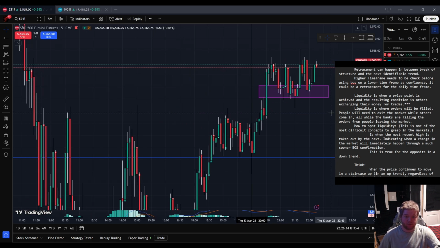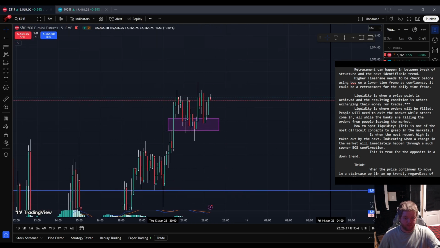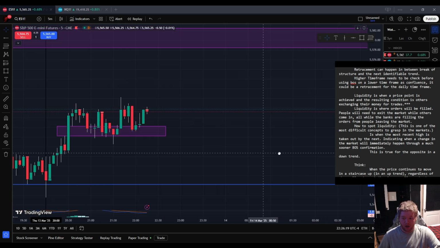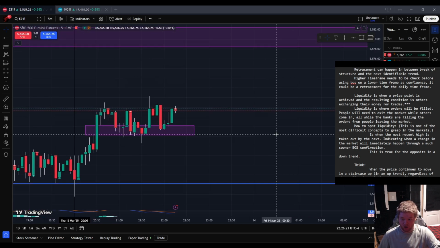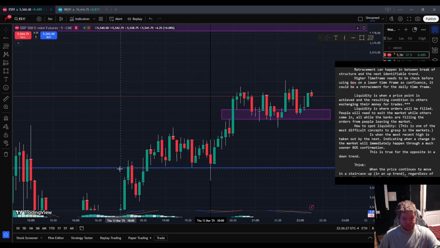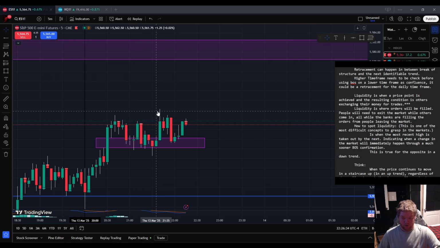Now, what we're looking for, in order for a trade to occur, we're looking for a liquidity sweep on the upside, because right now we are in an uptrend for this whole thing right here. We are in an uptrend. We had a liquidity sweep here. Price moved up to here, took out this most recent high.